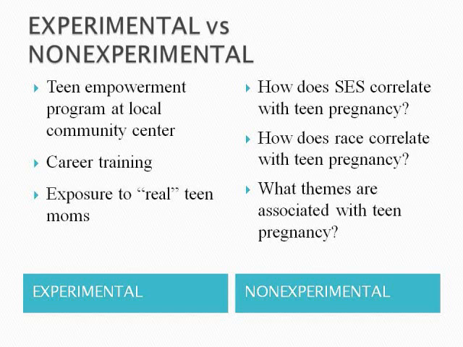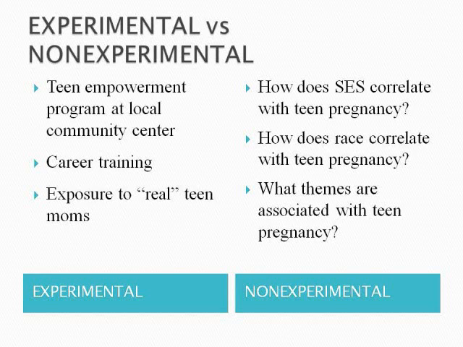No. Again, we're going to let students self-select. Otherwise, we won't get as many willing to participate. We could do interventions such as career training. See if that makes any difference for who gets pregnant, who doesn't get pregnant. We could again do a treatment or an intervention of exposing them to real teen moms, having moms who had babies when they were quite young come in and talk to them and see what their life is like.